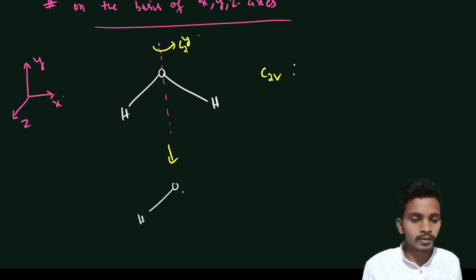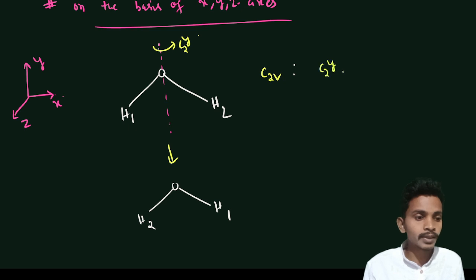In this water, let's say this is H1, this is H2. Then this will go here as H2, and this will go to H1. So this will get interchanged. So here the C2y axis is there. With that, first is E, E for every group, and then C2y.